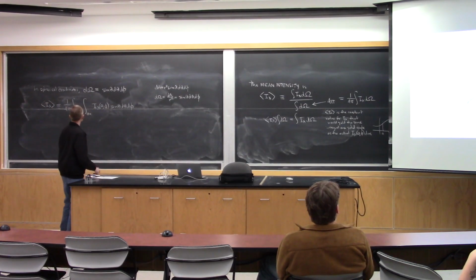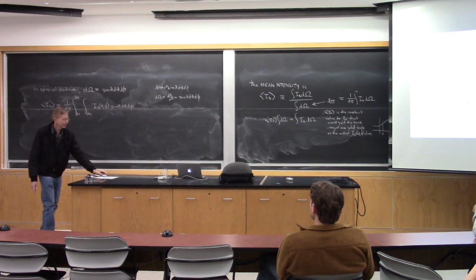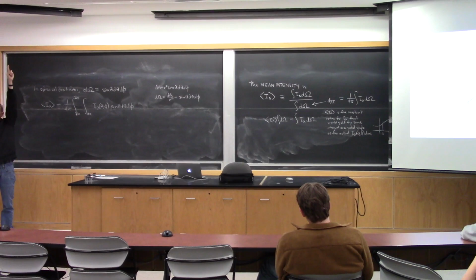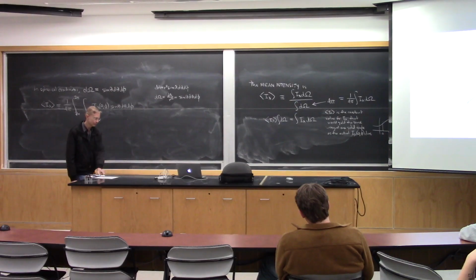So phi goes from 0 to 2 pi. And if I do every possible theta, I go from straight up, which is theta equals what? 0, to straight down, which is theta equals what? Pi. So theta goes from 0 to pi.